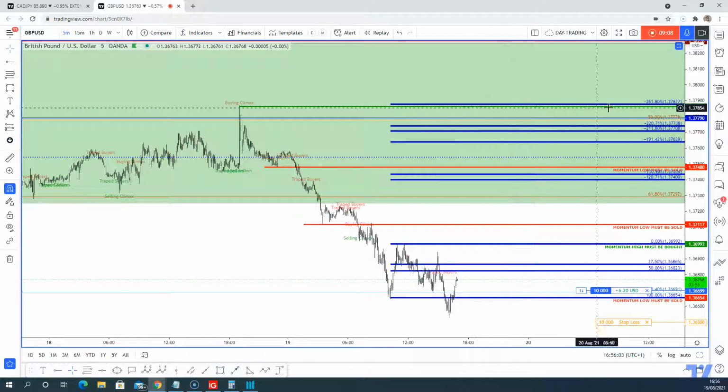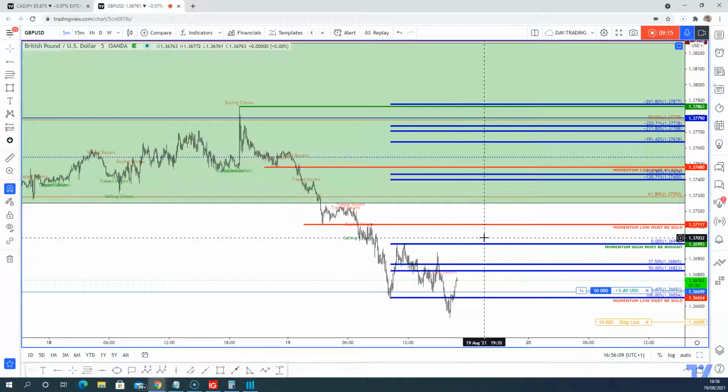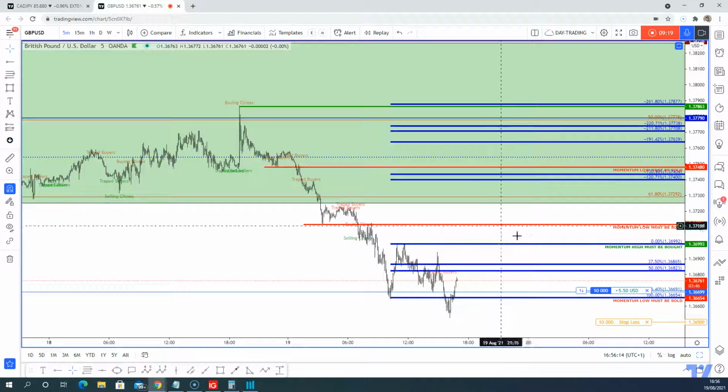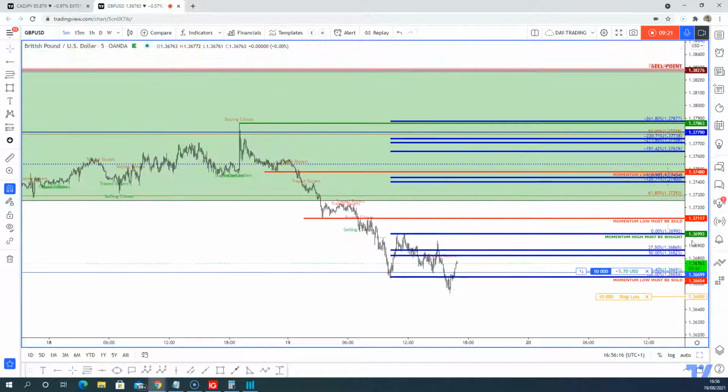This is very strong. Look at the target. That's if price gets above this momentum high and remains above it. That's the only thing. This low now is forbidden. We have a trade and we have to place our stop at this low. That's why I put a stop loss there.